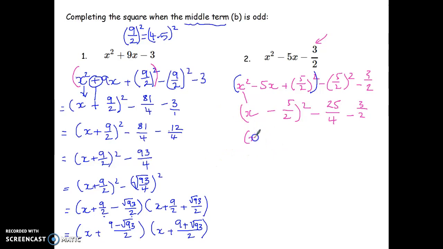So I have x minus 5 on 2 squared minus, now this one here is over 4, so let's write this one over 4. Double the denominator, double the numerator. X minus 5 on 2 squared, minus 25, take away another 6 is minus 31 on 4.